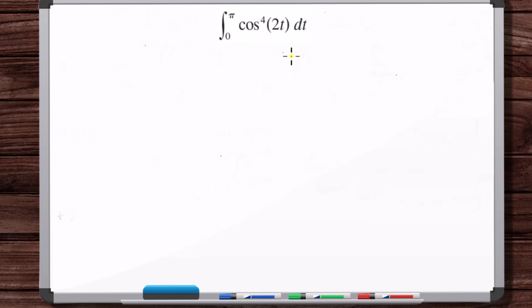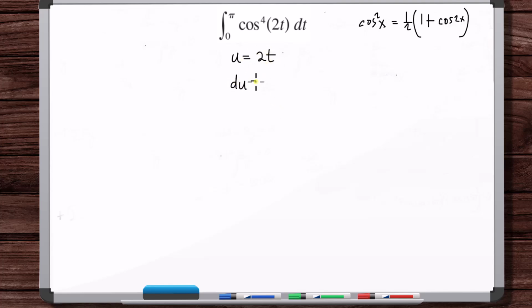Okay, so we have an even power of just a cosine. We're going to be using the double angle identity. Cosine squared of x is equal to 1/2 times 1 plus cosine 2x. Let's start by getting rid of this 2t.